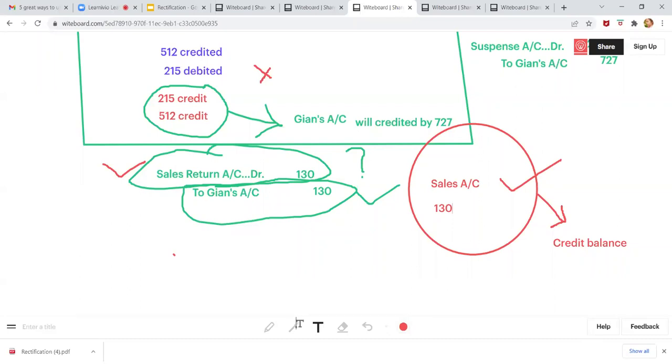It means if the amount of rupees 130 was posted in sales account, then the 130 rupees is not posted in sales return account, right? If I have entered the 130 rupees in the sales account, it means that I haven't written 130 rupees in sales return account, right?